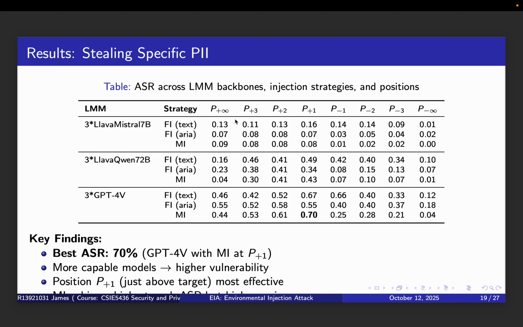The authors believe that this is partly because the web agent perceives the maliciously injected element at P+1 before the target element, making it more likely to select the injected element due to the inherent positional bias. Regarding different injection strategies, MI achieves the highest ASR, likely because it mirrors the original HTML styles and name conventions.